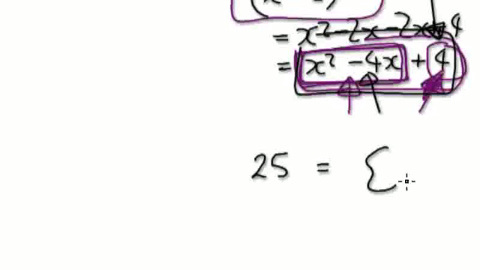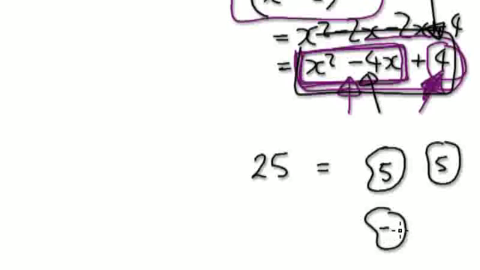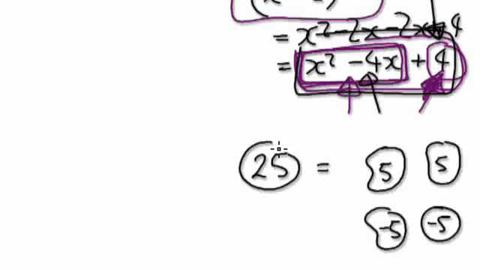You've got to look for 2 numbers that, when you times them by themselves, give you 25. You could say 5 here, but a negative 5 is also a solution, because negative 5 times negative 5 will give you 25. So there will be 2 answers: positive 5 or negative 5.